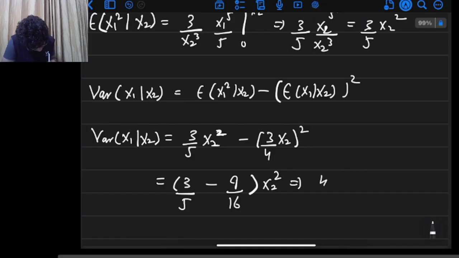So 48 minus 9 fives are 45, divided by 80, and x2 square.